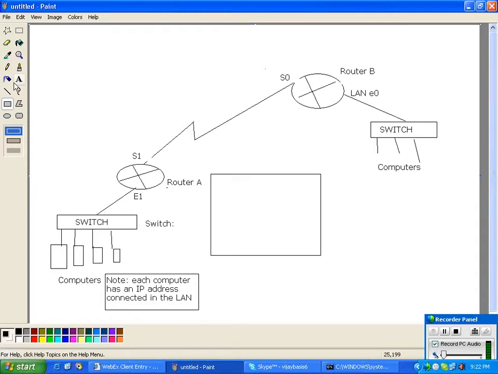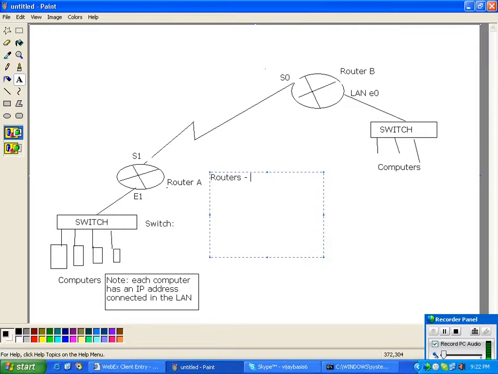When it comes to the router, routers are called gateways.